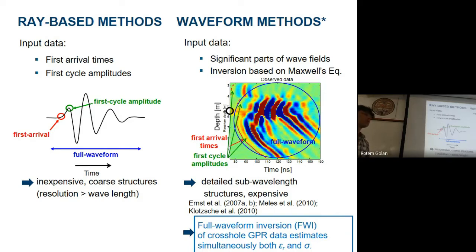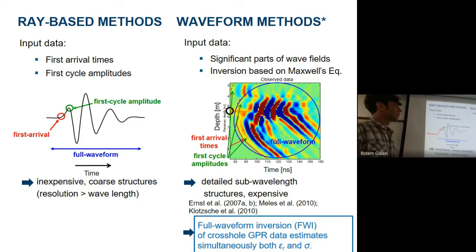In the full waveform inversion, we use all the waveform data. So these are the signals that we see, and we fit this waveform data in order to get a better resolution.